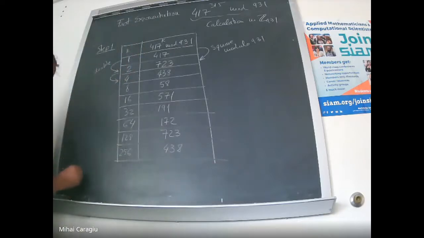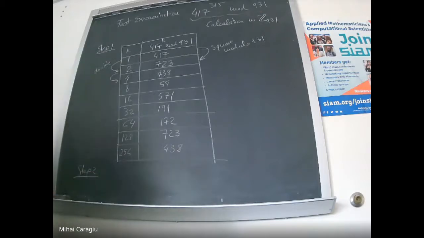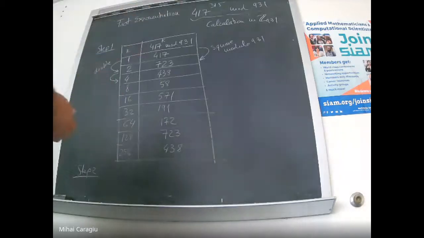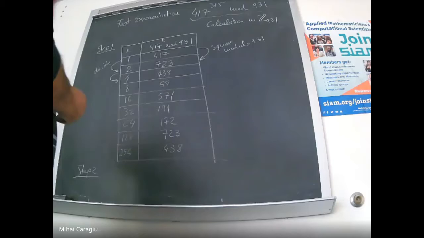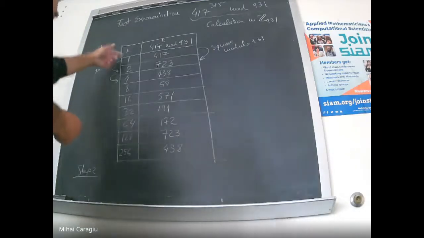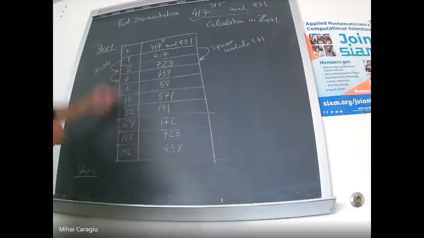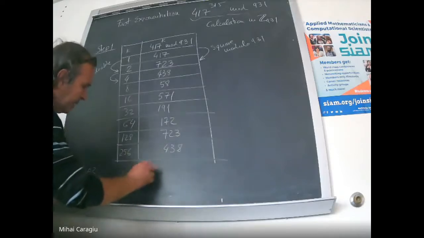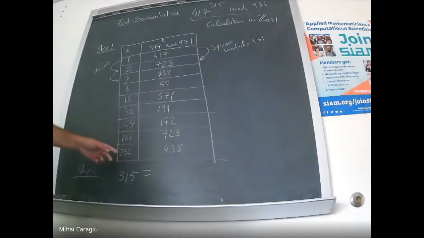Step 2. Step 2 is a greedy algorithm. We have to basically write down 315 in base 2, but you can reformulate it as a greedy algorithm in expressing 315 as a sum of items in the first column. So let's see, 315 equals, grab the biggest item in this column that you can, that's greedy.